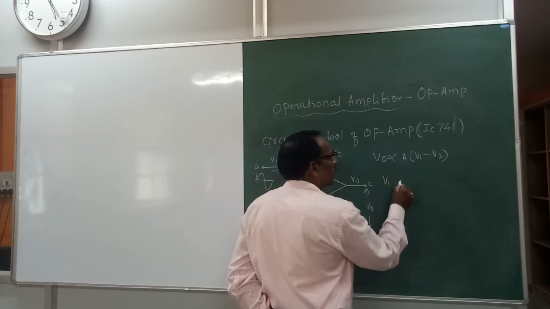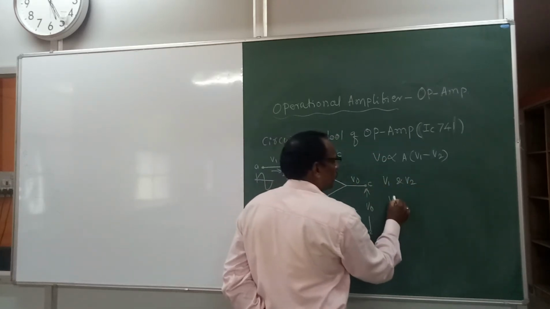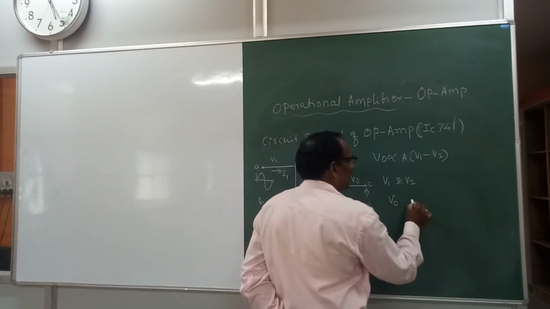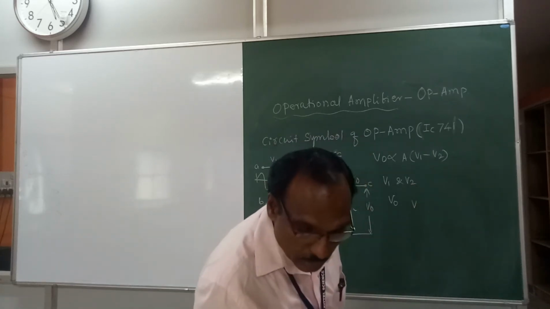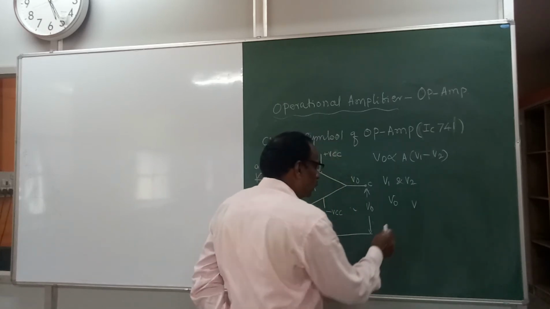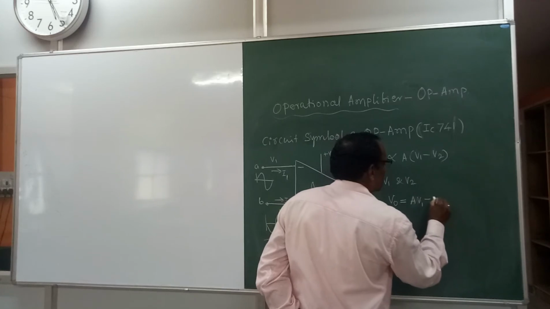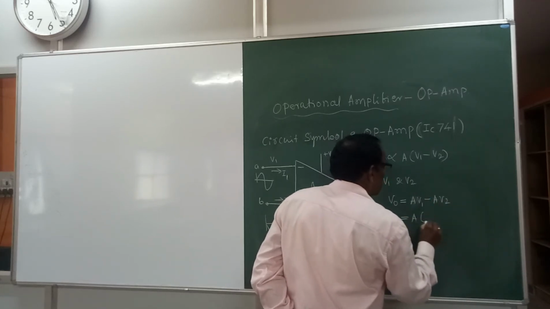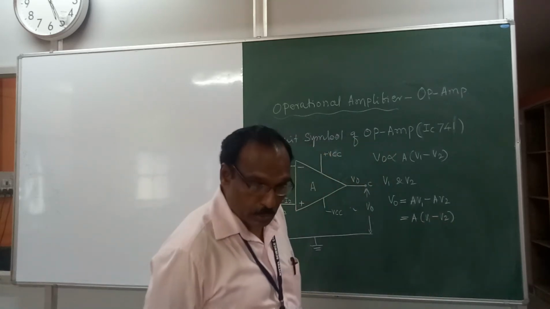If V1 and V2 are the inputs and VO is the output, we can write VO is equal to AV1 minus AV2, or A times (V1 minus V2).